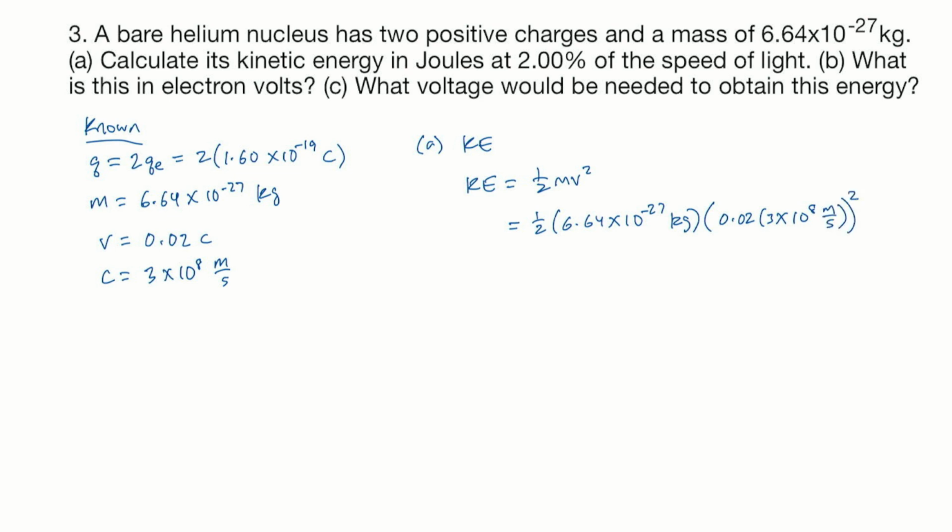We need to square that. Okay, I did this calculation. I got 1.195 times 10 to the minus 13 joules. To 3 sig figs, I called it 1.20 times 10 to the minus 13 joules. Okay, so there's the kinetic energy.